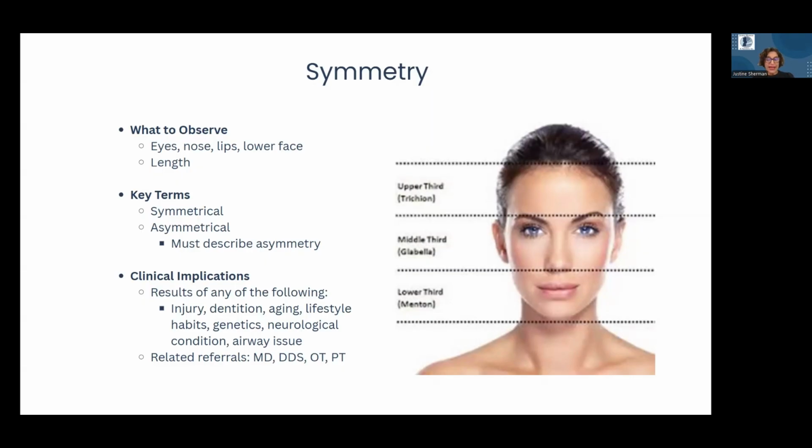By comparing rest to movement and analyzing stability, mobility, dissociation, and grading, the SLPs can differentiate structural variations, compensation, and true neuromotor dysfunction. And all of that will lead to more precise, effective intervention.